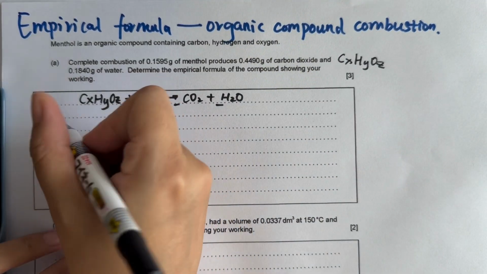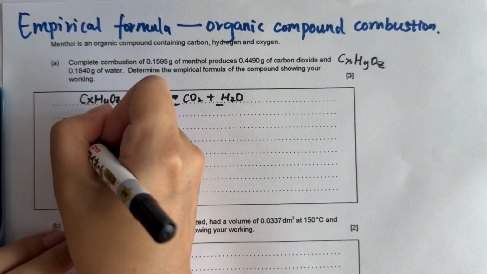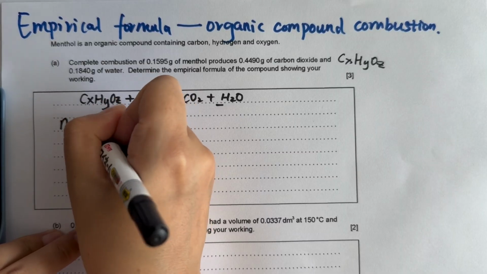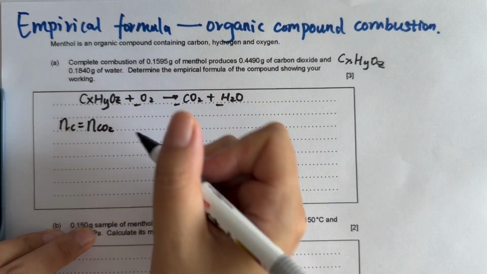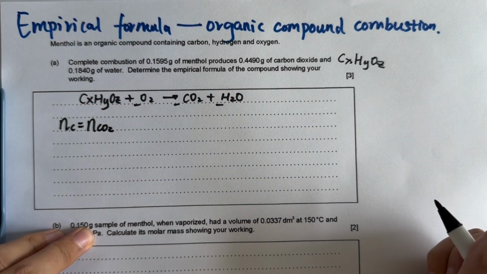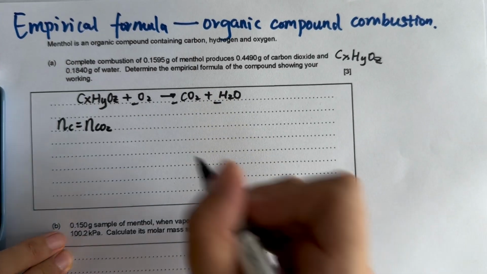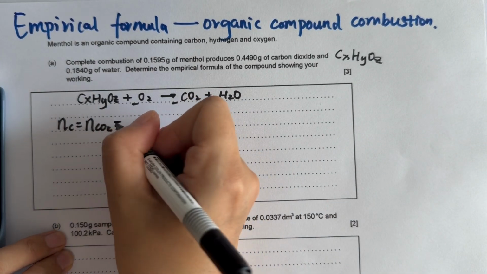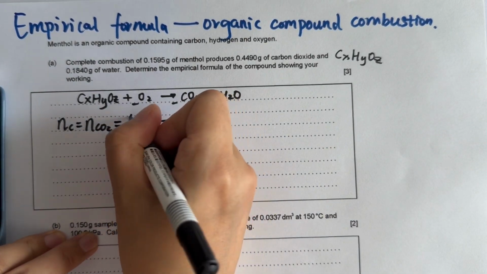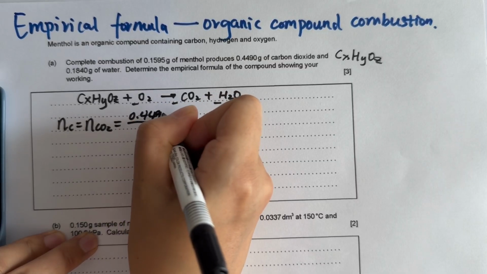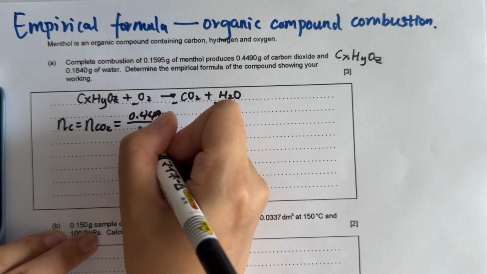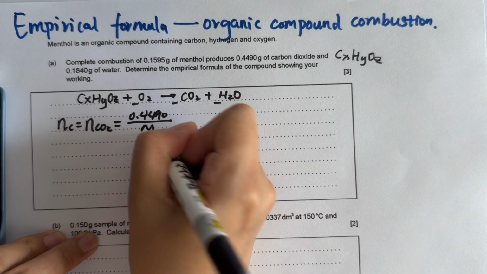The first step is that we can work out the number of moles of carbon, which will be equal to the number of moles of CO2, because in one carbon dioxide there's one carbon atom present, and it will be equal to its mass, which is 0.4419, divided by its molar mass.